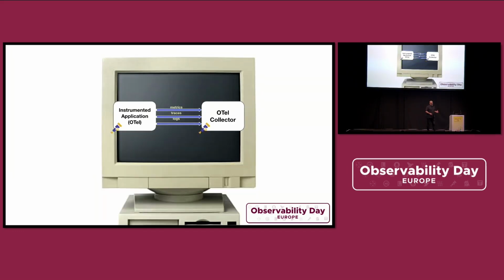It's very typical to deploy an instrumented application and the collector on one host, even though in this futuristic world, I'm not really sure what a host even is anymore. Oftentimes you deploy these right next to each other, talking on localhost or through a very tightly coupled Kubernetes network.